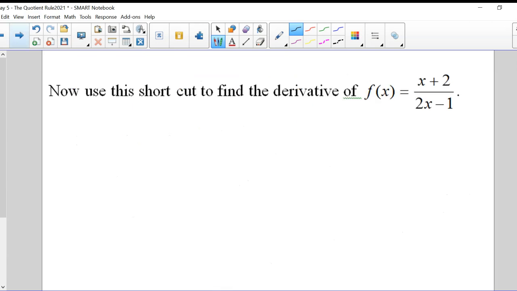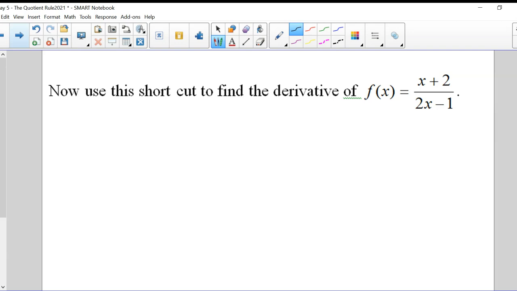Let's use a shortcut now for this. So, remember now that we're using the quotient law. We could have done this without the quotient law by doing what we did the last time, make it into a product, but we're going to use the quotient law this time.